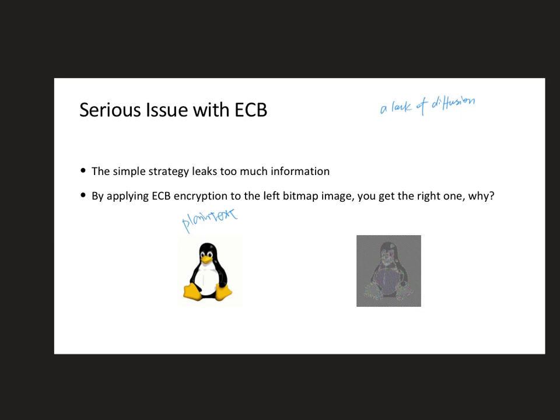So we can call those images, videos, voices, and texts plain text. In the plain text, we can see this penguin, and in the ciphertext, we can still see the pattern of the plain text, and that it is one penguin, not anything else.